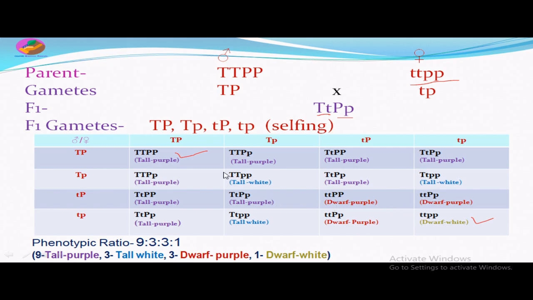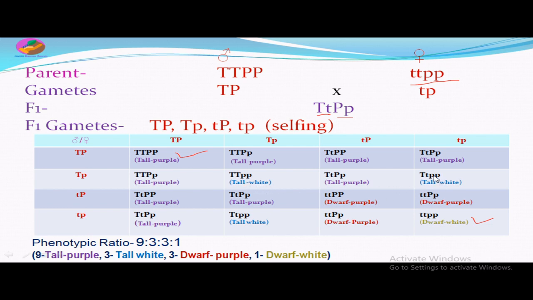So if one or two capital T is present and one or two capital P is present, it will give rise to tall purple plants. So here you can see 9 such tall purple plants. Then if an offspring contains one or two capital T and both small p, then it will give rise to plants like tall white.